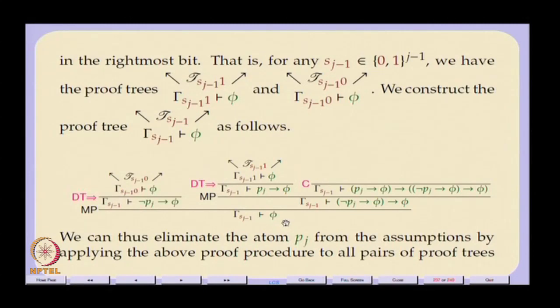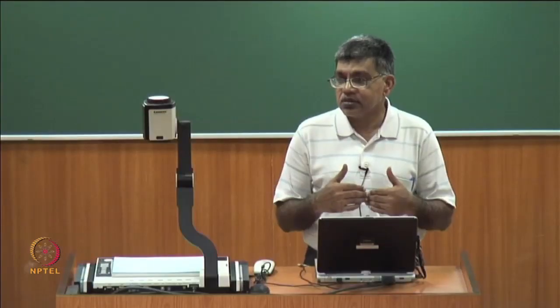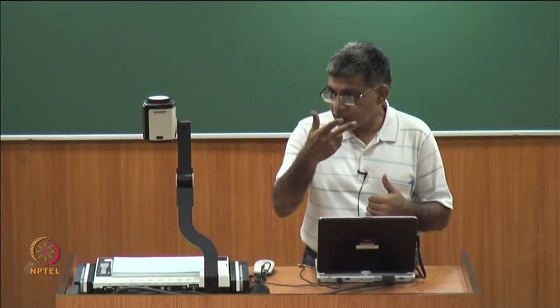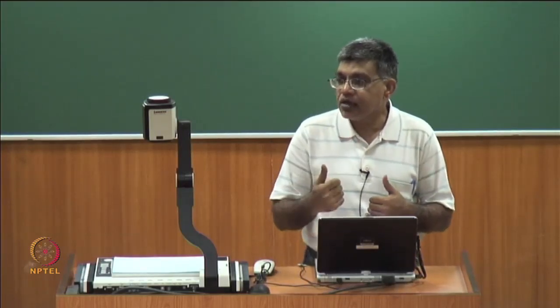So, what we have done is we started with 2 raised to k different proof trees, and we halved it by taking proof trees pairwise and creating 2 raised to k minus 1 proof trees with assumptions only from P 1 to P k minus 1.